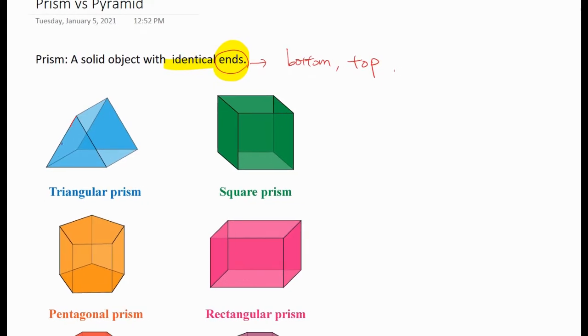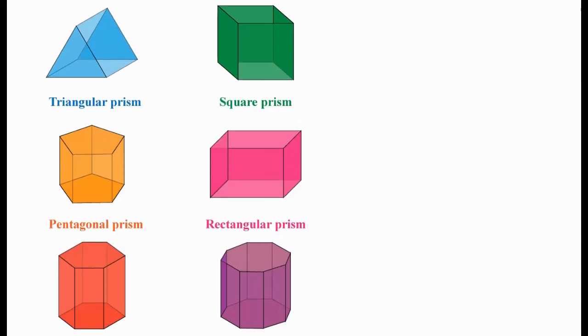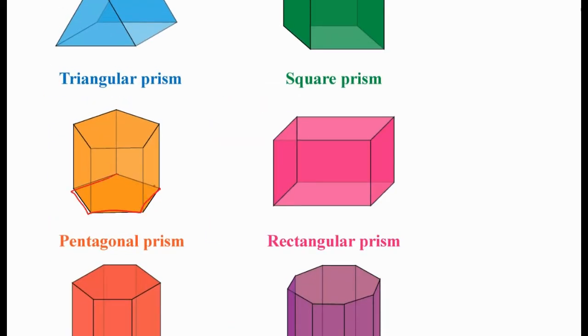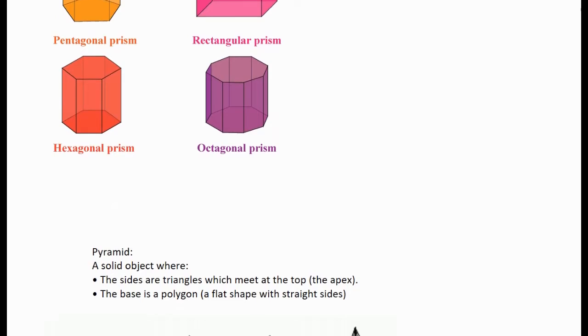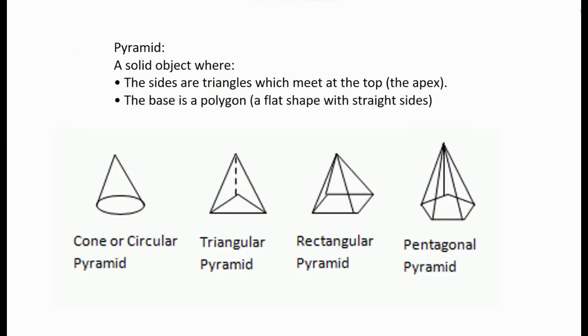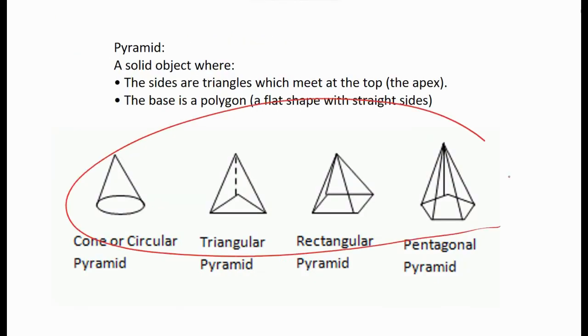So if you look at this, other than the triangle bottom and top, the lateral faces are rectangles, right? Other than the square, lateral faces are rectangles. The bottom is a pentagon, and other faces are rectangles. All right, everyone?